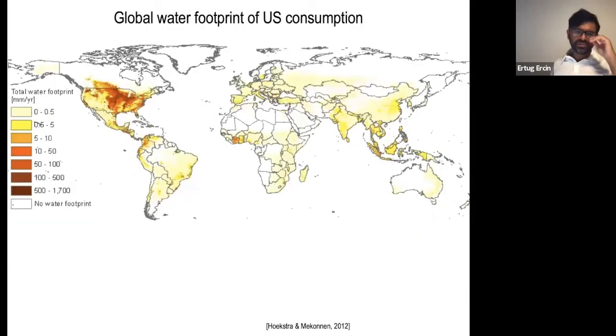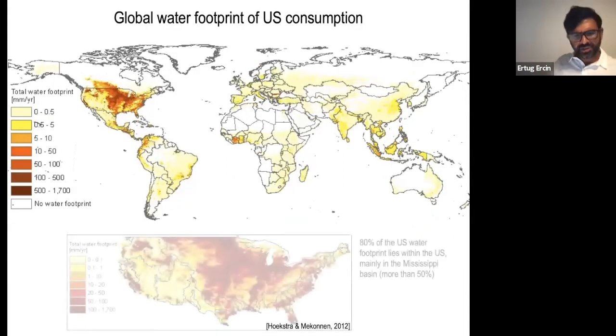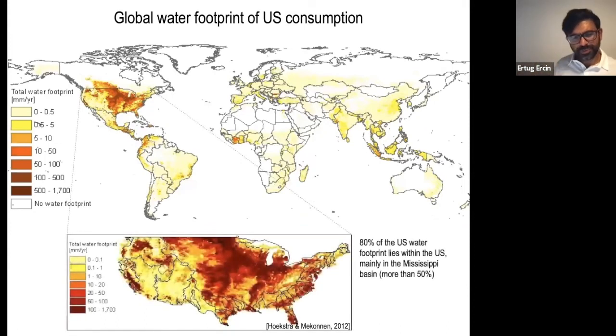What about the US? When we look at this, the US is really a producing country. You can see the red values in the US, which means the water footprint is large. This is the Mississippi, if I'm not wrong, and you can see it's really dark red, so the water footprint is really high. 80% of the US water footprint lies within the US.